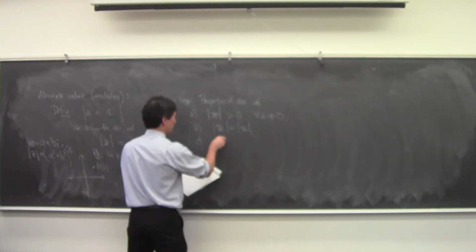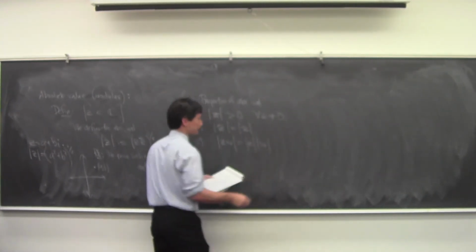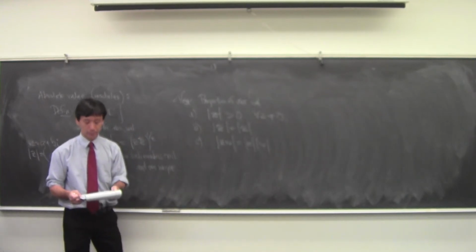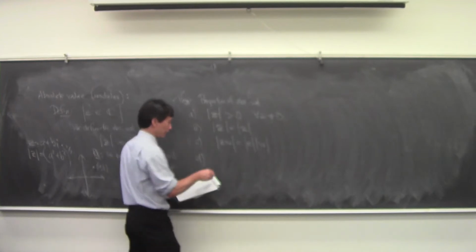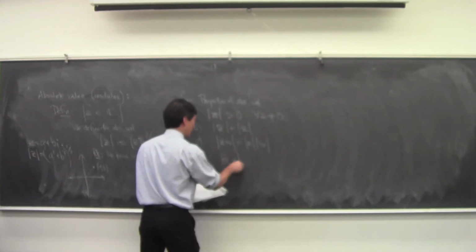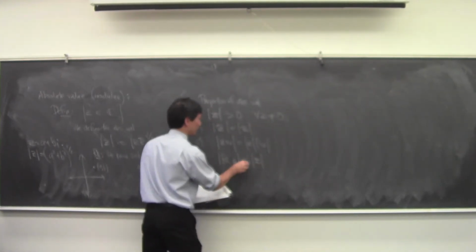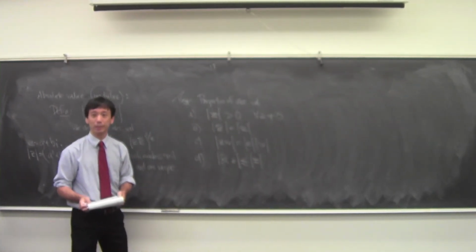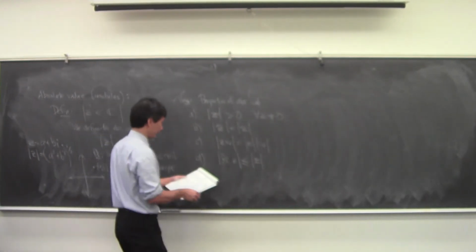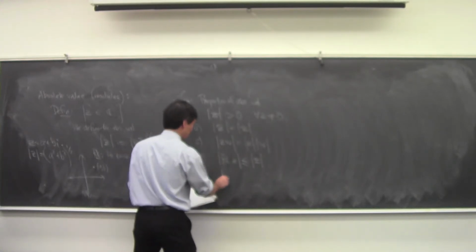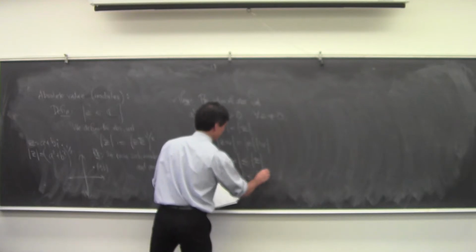C: the modulus of a product is the same as the product of the moduli. D: the absolute value of the real part is less than or equal to the modulus of the complex number. And E: the modulus of a sum is less than or equal to the sum of the moduli.